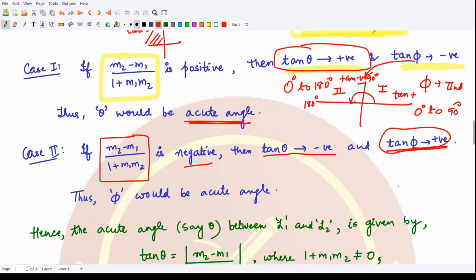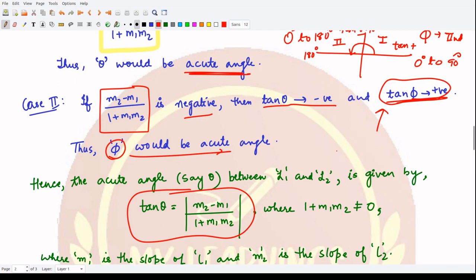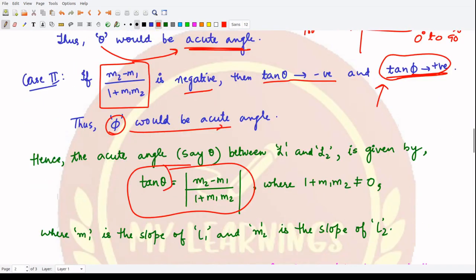Hence, whichever is the acute angle, we say it is given by the positive quantity, because here phi is the acute angle, and for it tan phi is positive. And here theta is the acute angle, and for it tan theta is positive. Hence, for an acute angle we want tan theta to be positive. So we have applied this modulus here in order to get it as a positive quantity.